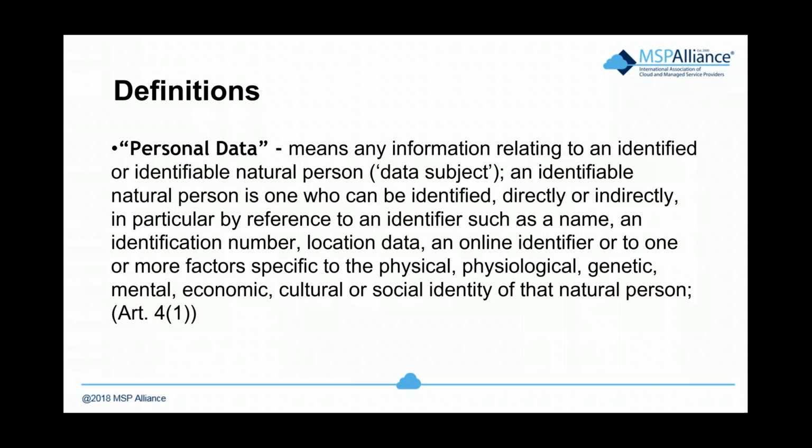These are all sort of demographic factors that under U.S. law would not be personally identifiable information. But you can see, as written here, this is extremely broad. Really anything that can be used to identify a person is personal data under GDPR.